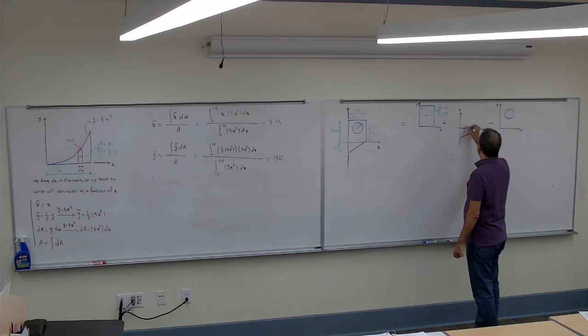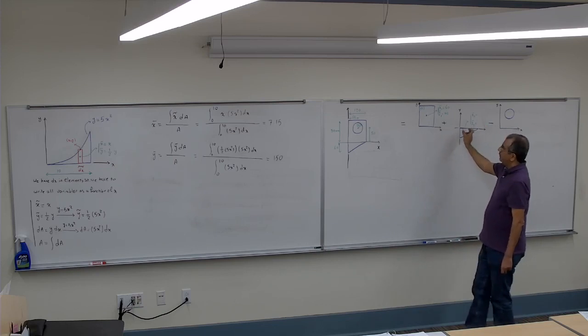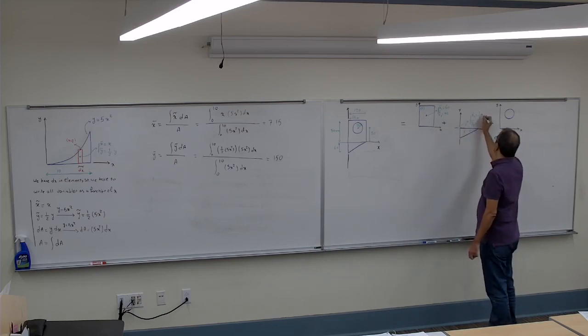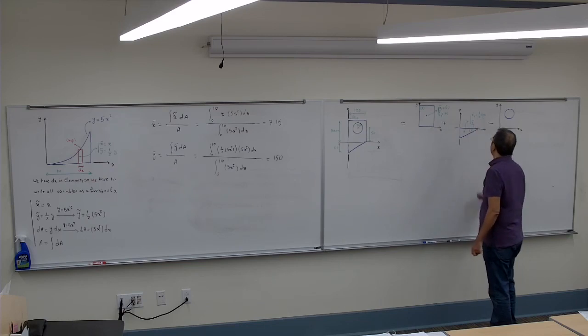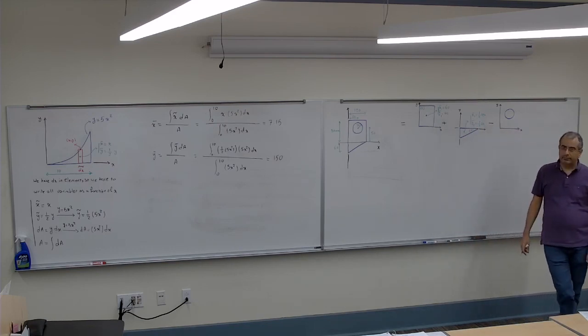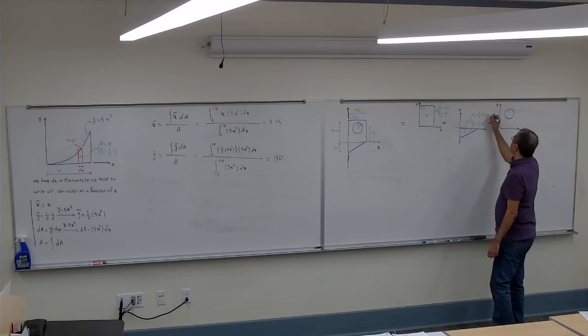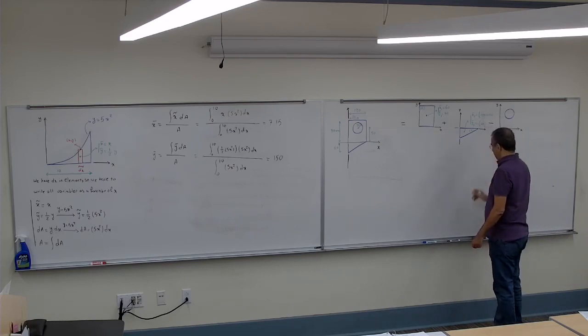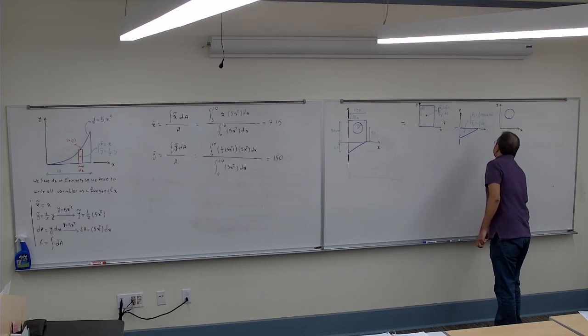So this is the 2. x tilde is gonna be 1/3 of 120, and y tilde is gonna be negative 1/3 of 60. 40 and negative 20. That's gonna be 40, that's gonna be negative 20.